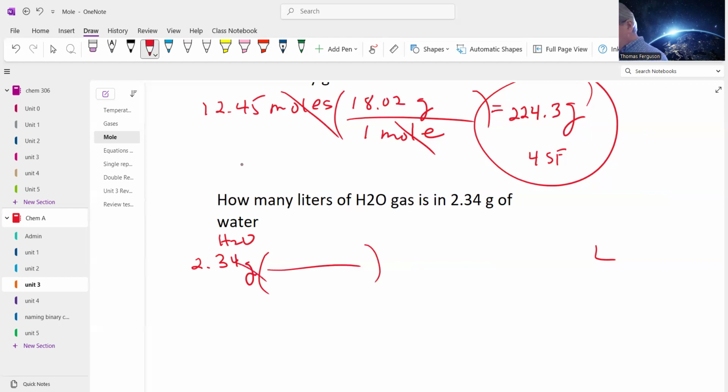So we're going to go grams to moles, and it's 18.02 for water. That gets us moles. Now we can use the 22.4. There, everything cancels except for liters. We're looking at 3 sig figs.